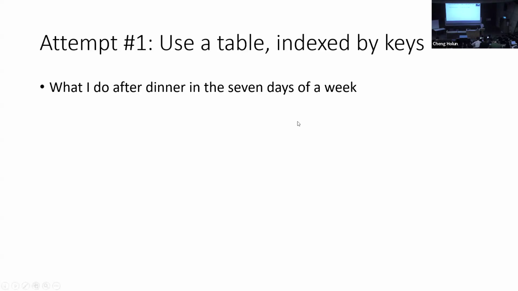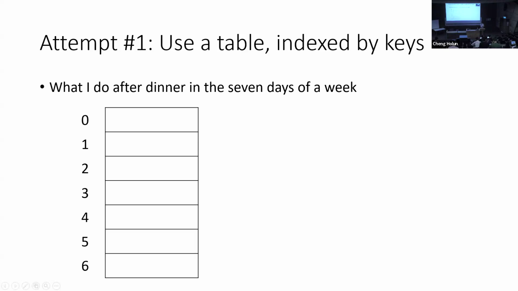Okay, let's make a very simple hash table. Extremely simple. I use a table. Actually, a hash table is a table. Let's have a very simple problem. What do you do after dinner every day in a week? How do you record it?